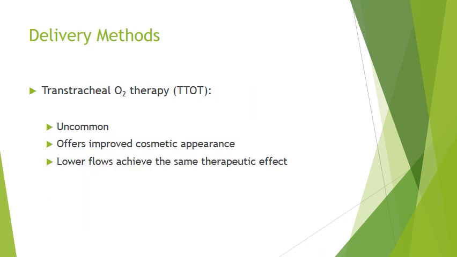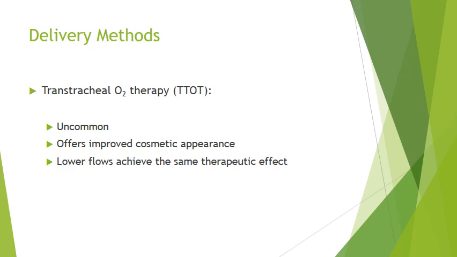So the transtracheal O2 therapy is not quite as common as the other type of devices. One thing that's nice about it, if someone does not want to have an O2 cannula on their face, they can opt for the transtracheal O2 therapy. However, it is an invasive type of device because it has to be inserted through the skin, but it can be covered up very easily with clothing.